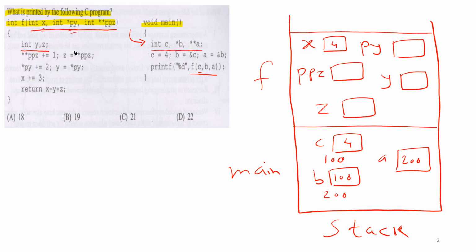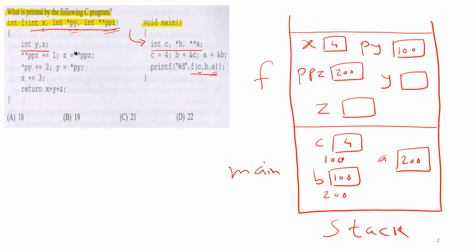What is b? B is 100, right? So that is copied into py. So basically py becomes a pointer to c. And then ppz will contain a. What is a? A is 200. So ppz will contain 200.